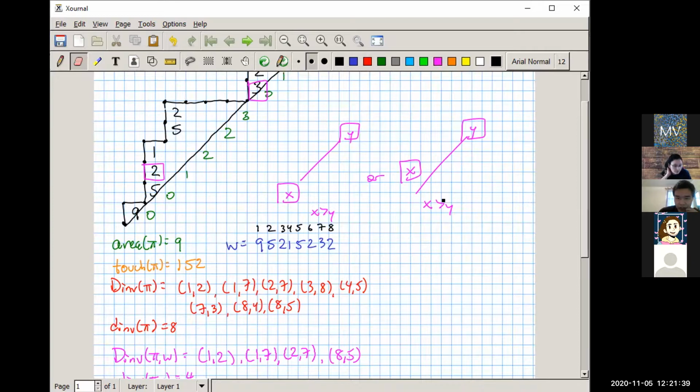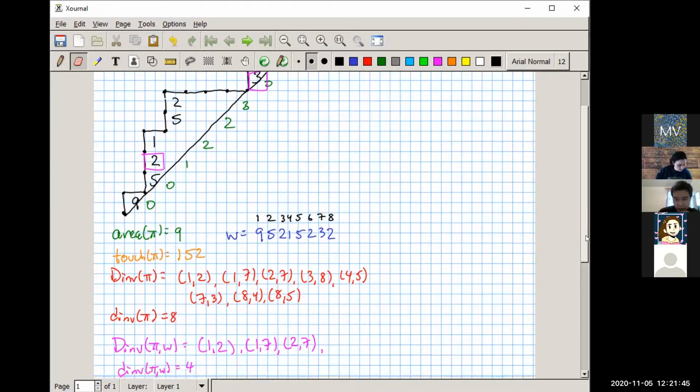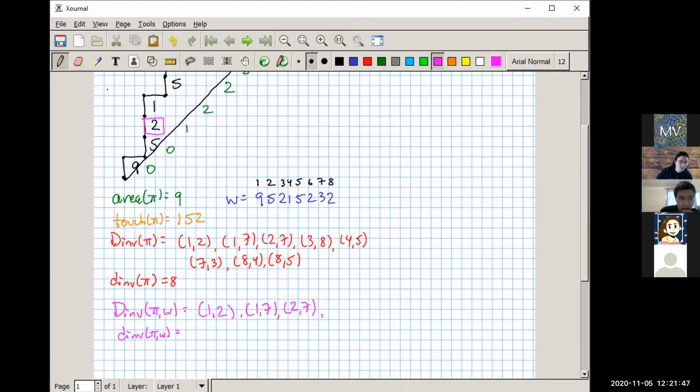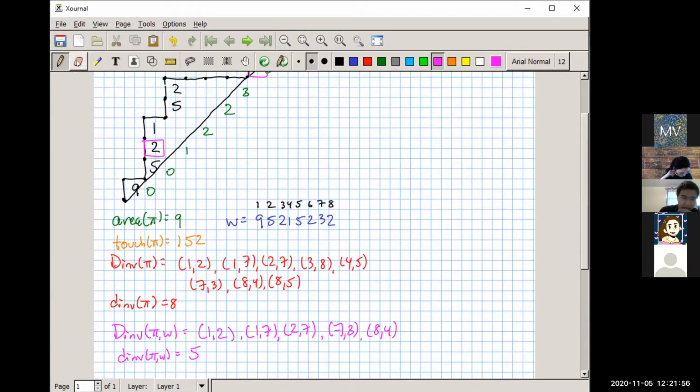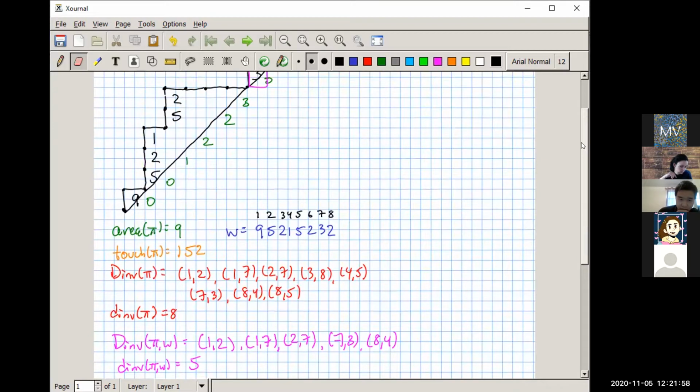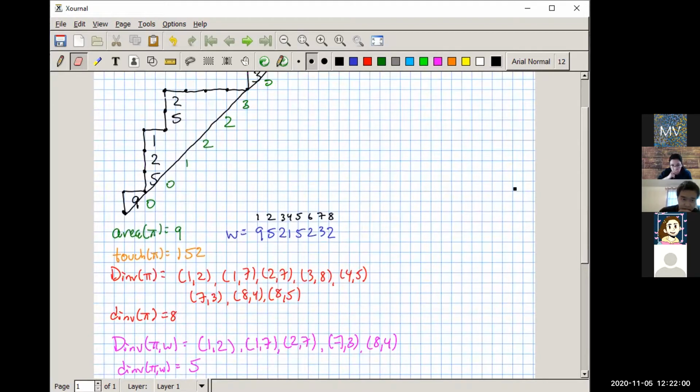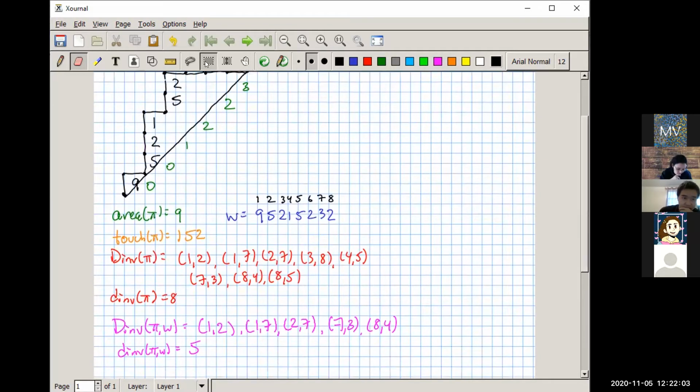So maybe I have the second thing backwards then. So 7, 3, 8, 4, not 8, 5. And that's 5. Does everyone agree? If we're remembering the conventions right, then yes.